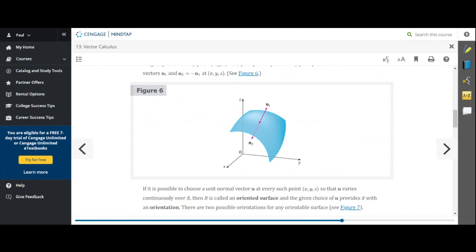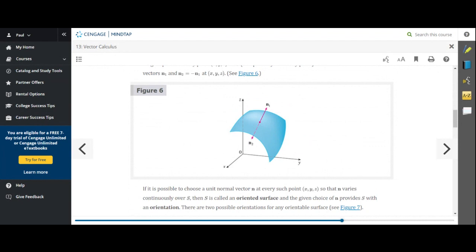When they talk about orientation, what they're talking about is whether a unit normal vector to the surface points out from the surface or points inward from the surface. You can see from figure 6 that you have two possible orientations.